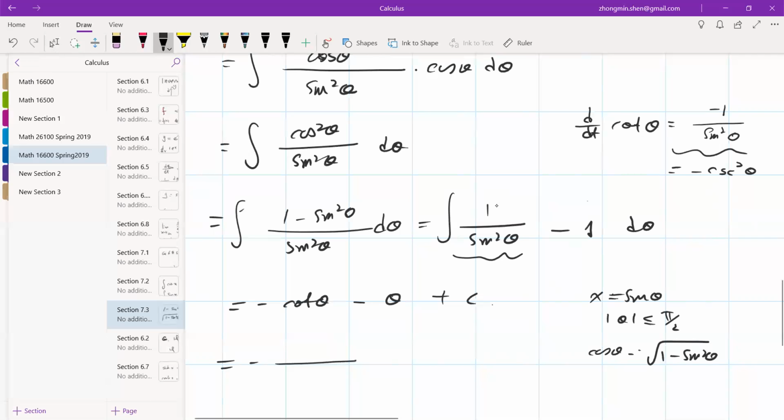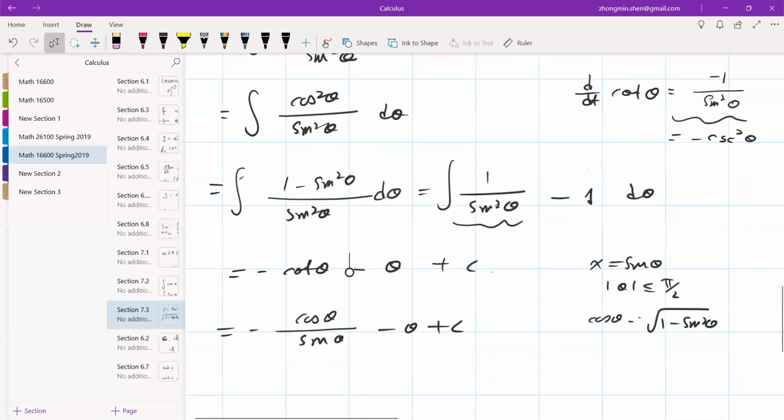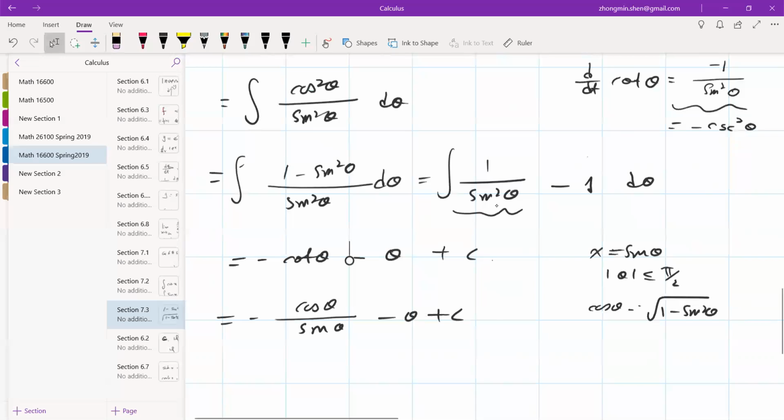Cotangent is cosine over sine, so cosine theta over sine theta. I convert everything to sine and cosine because we are familiar with those formulas. So it's going to be negative square root of 1 minus x squared over x, because x is sine theta, so sine theta is replaced by x.